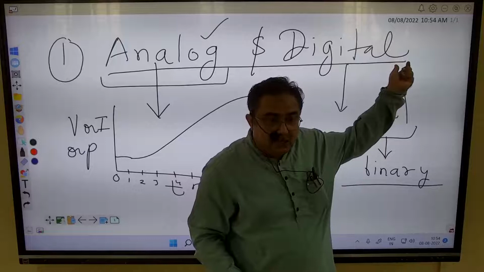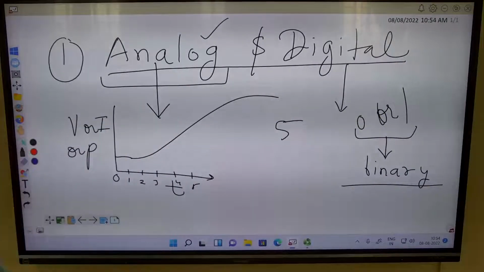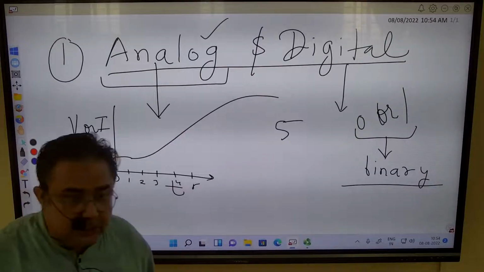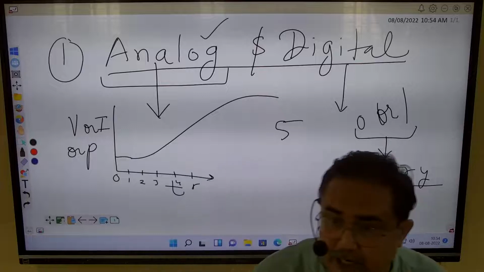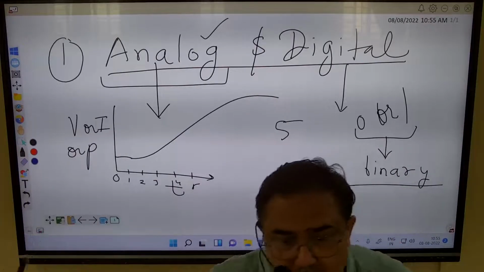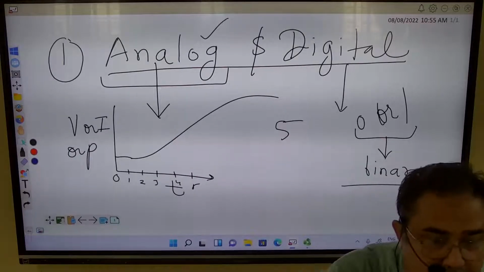Is it clear? So the computer understands only two digits, 0 and 1, and therefore there is another conversion which converts the analog signal into a digital signal. There is a converter, and you will learn in instrumentation that there is an A to D converter, analog to digital, where any analog signal is converted into a digital signal and then passed to the processor for processing.